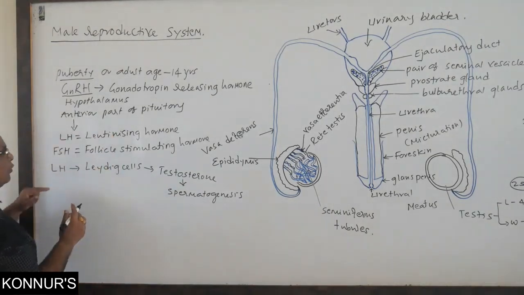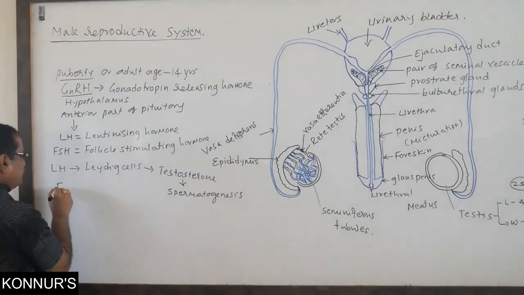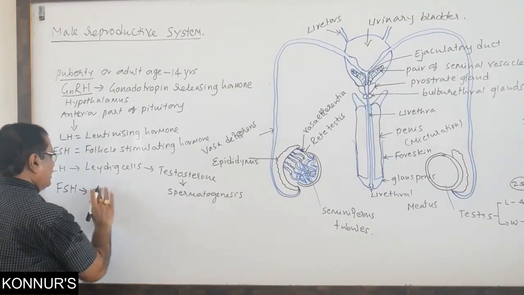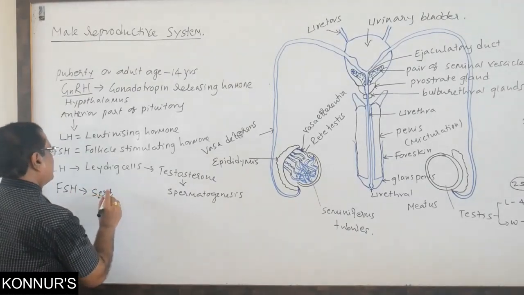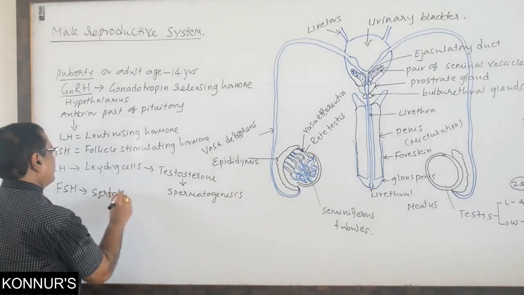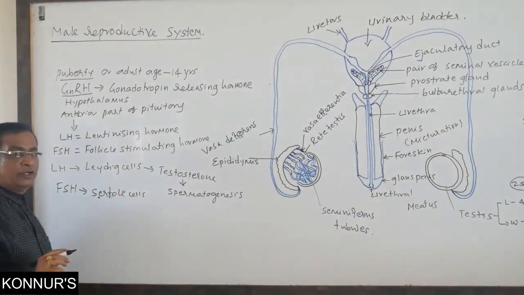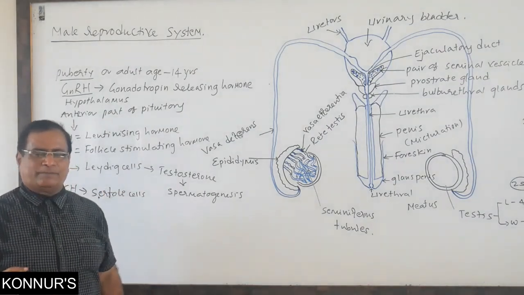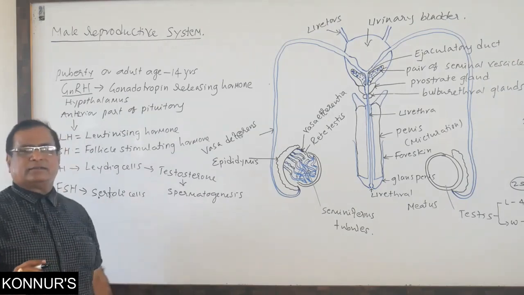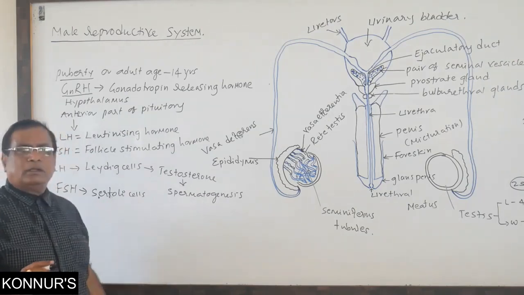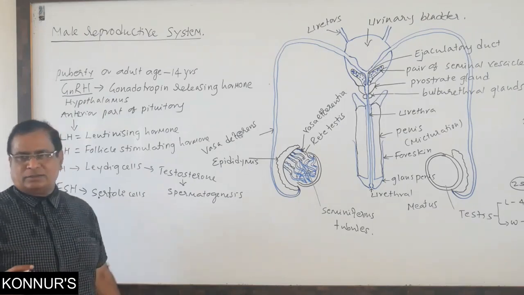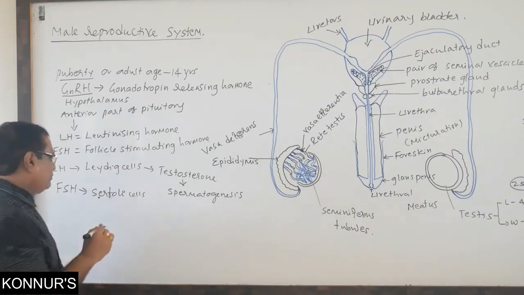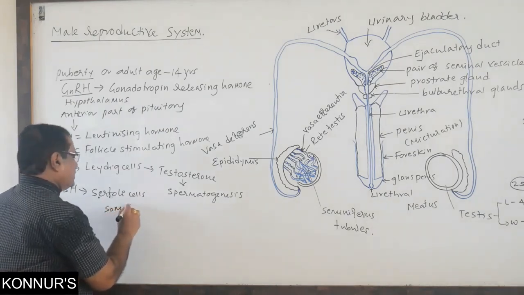Now the other pituitary hormone, FSH, stimulates Sertoli cells. They are present within the seminiferous tubules. These Sertoli cells synthesize and secrete some factors.